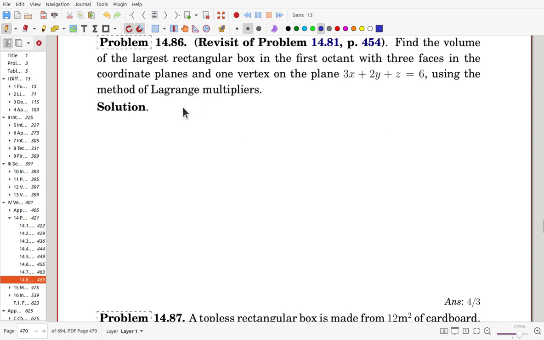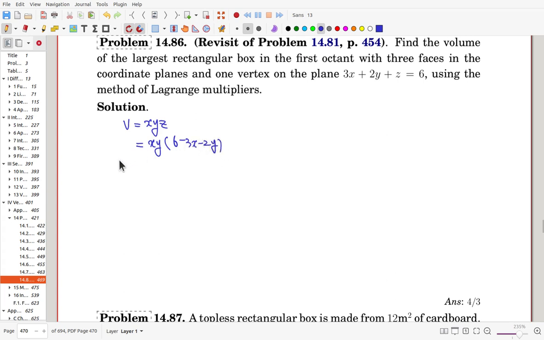Earlier, we tried to solve the problem in this way. The volume is x, y, z, and that can be rewritten in this way, with z written as 6 minus 3x minus 2y.